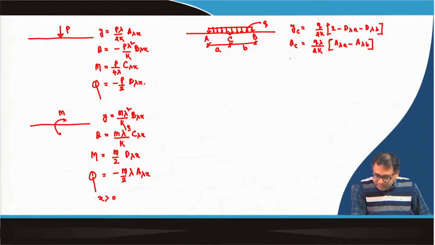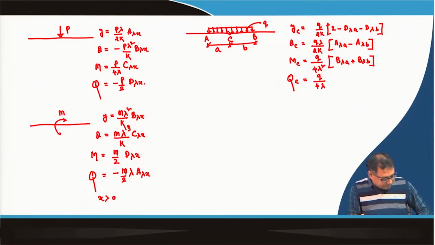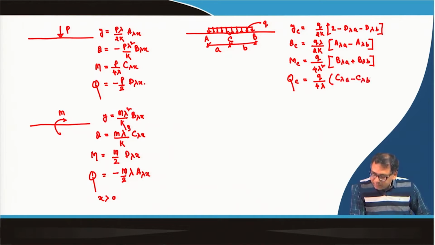Similarly, M_C is q by 4 lambda square into B lambda a plus B lambda b, and Q_C is equal to q by 4 lambda into C lambda a minus C lambda b.